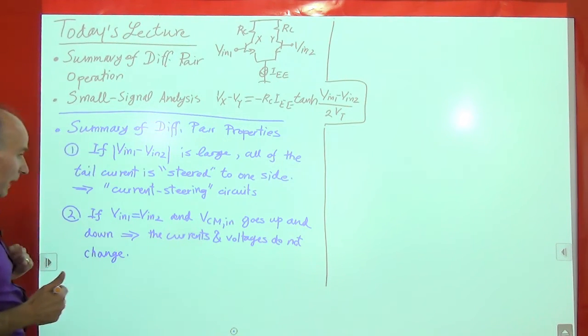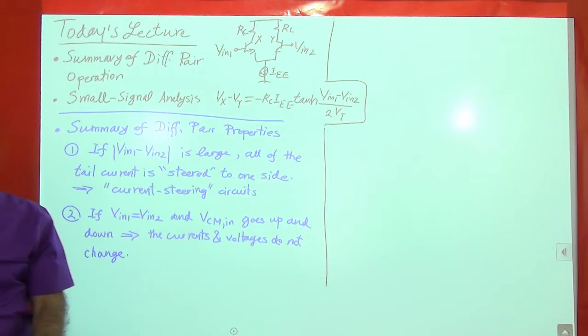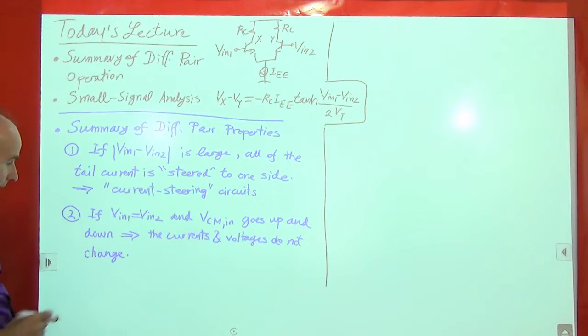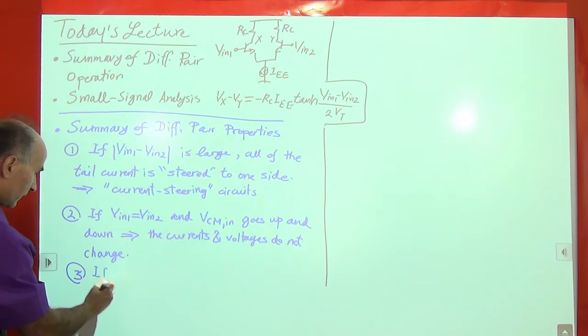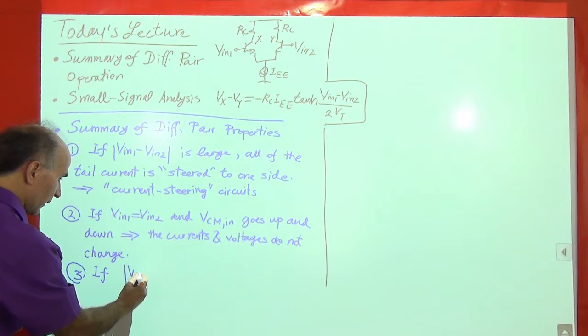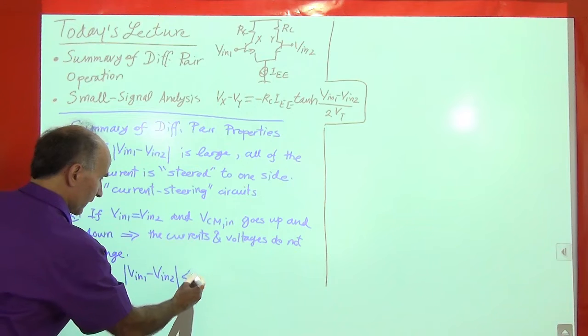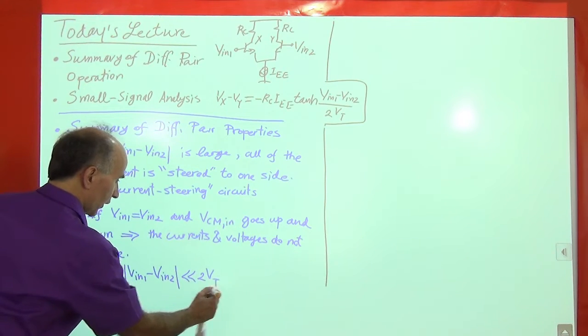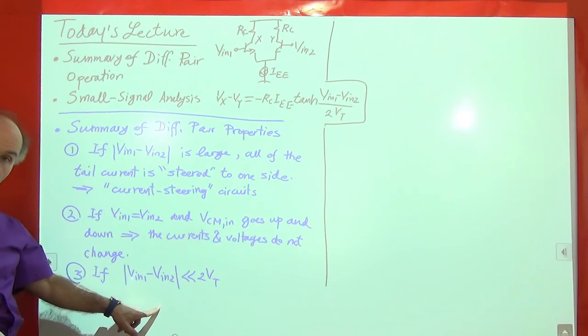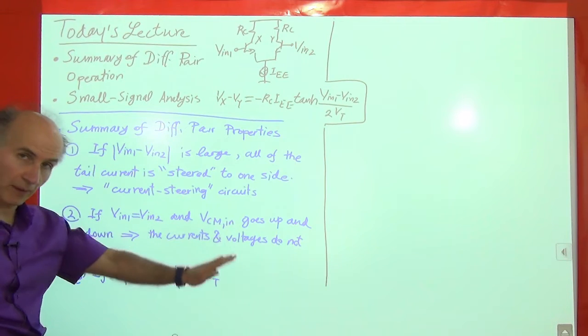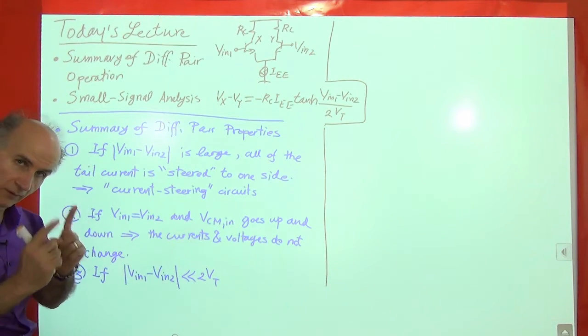Okay, and finally, another consideration that we had was, we saw from the previous page that if the absolute value of V in 1 minus V in 2 is much less than 2VT, I should have put absolute values on the previous page also, so we are either on the positive side or negative side, but the absolute value is very small.